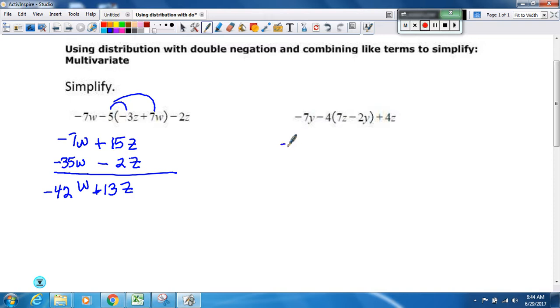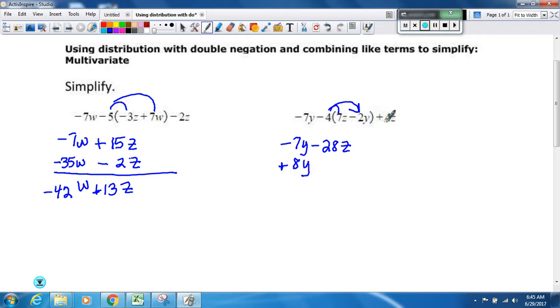Okay, on the next one, I have a negative 7y. Negative 4 times 7 is negative 28, and I have a z, so that's a negative 28z. Negative 4 times negative 2 is a positive 8, and I have a y, so I'm going to put that positive 8y in my y column.